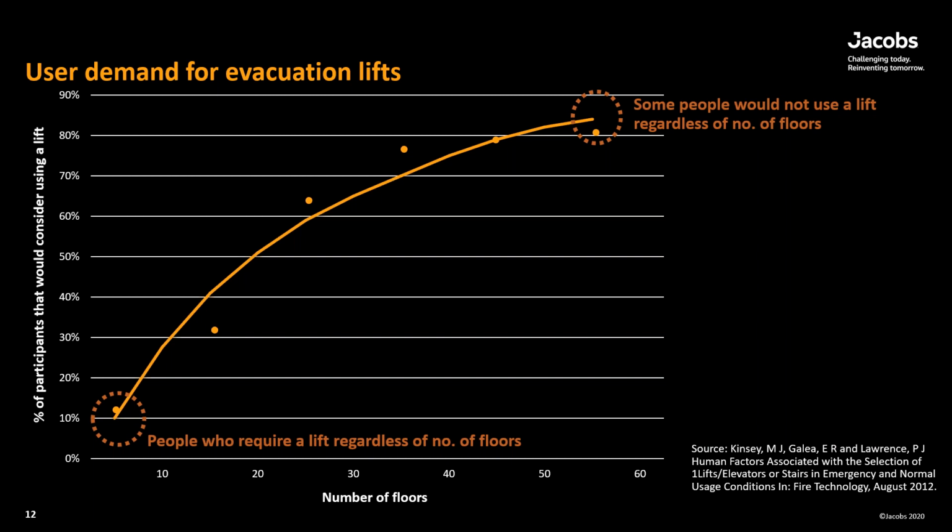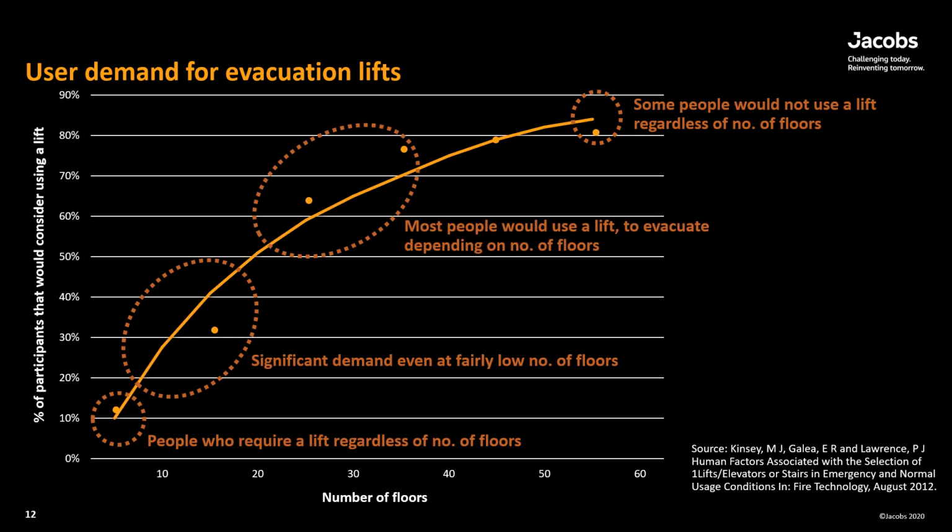Those people exist, so we also need to design for their requirements as well. And then towards the middle, I've just highlighted there's still significant demand, even where the number of floors is relatively low. So around 50% of people would require the use of the lift around 20 storeys.